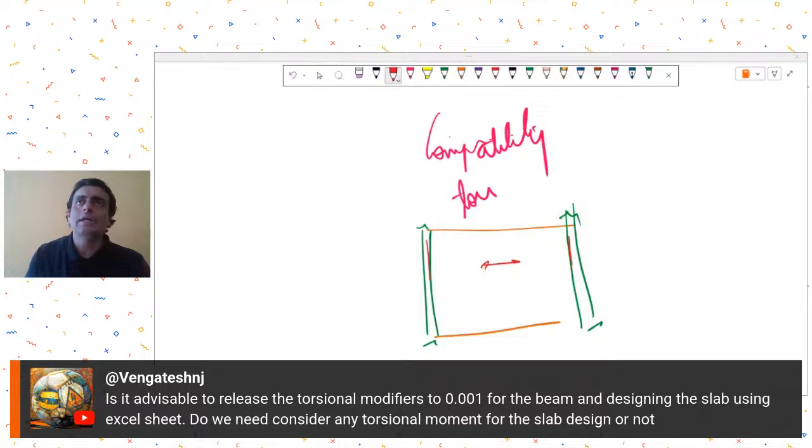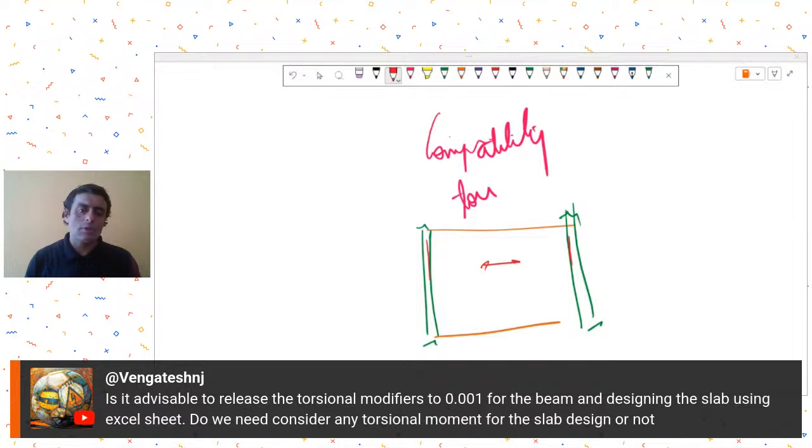If you look at the ACI code, it says that if you have the case of compatibility torsion, then you may apply torsional modifiers to the beams, but you have to design the beams at least for the threshold torsion value. So you apply a modifier in such a way that the beams have torsion equal to threshold torsion, and for any value higher than the threshold torsion, let the slab take those torsions as bending moments.